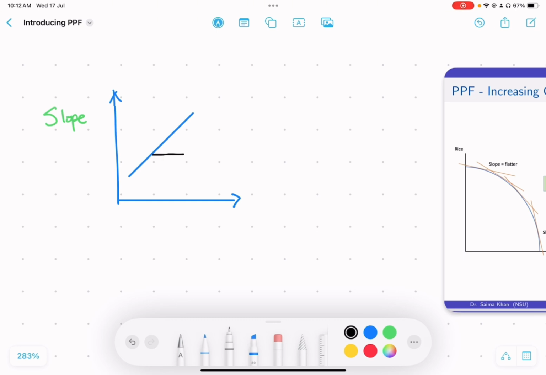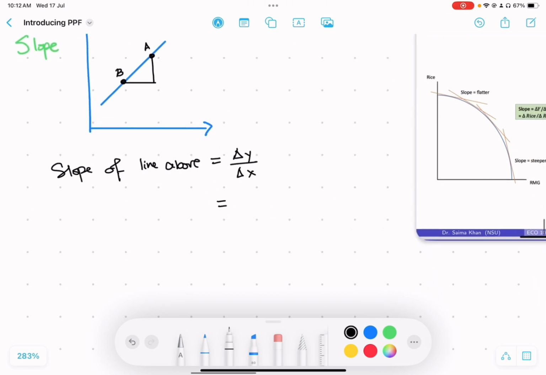Let's call this point A and this point B. If you wanted to find the slope of this line, you've seen this before. It's basically the change in y due to a change in x. You might have done this in school life. This would be y2 minus y1 divided by x2 minus x1.